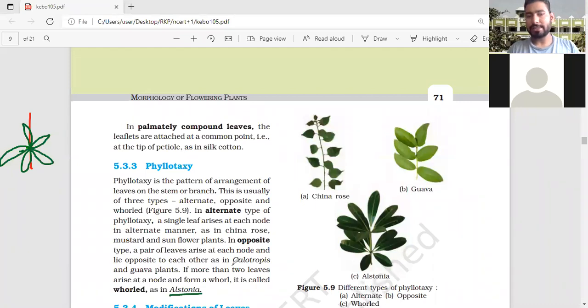Okay. So phyllotaxy, clear? Three different types. First one is the alternate, second is the opposite, and third is the whorl. Alternate examples are China rose, mustard, and one more, that is the sunflower. Opposite is Calotropis and guava. Calotropis is the decussate, and guava is the superposed. Then last is the whorl type.